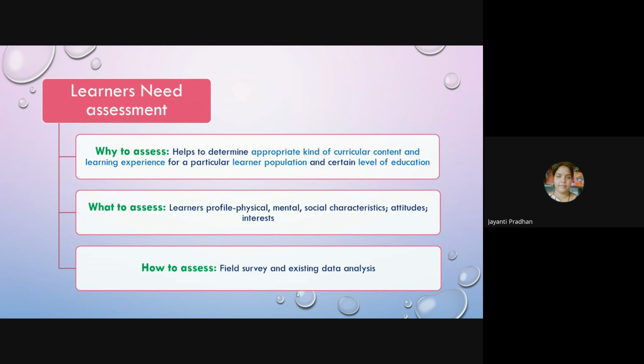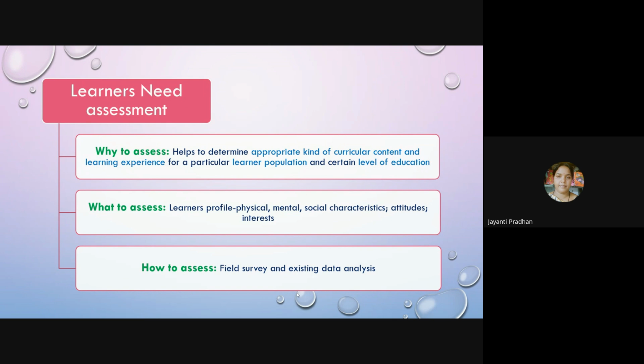So for that reason, we must conduct a field survey to gather data regarding what we have mentioned in what to assess, that is the profile of the students, the learning level of the students in the five respective domains, the attitude of students, the interest area of students, the need of the students. So we can plan a survey regarding this.